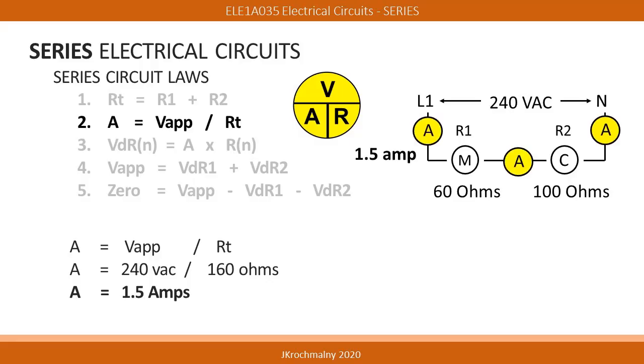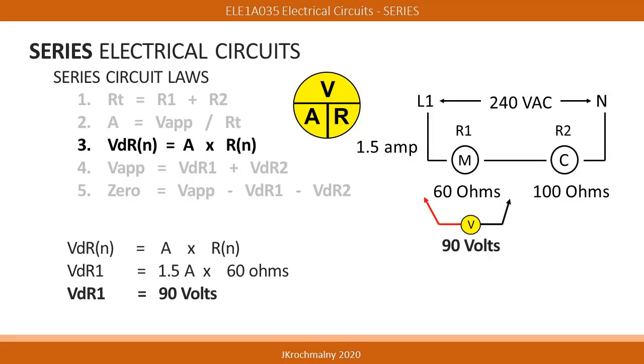If the amperage calculated is 1.5 in this series electrical circuit, this same amperage value is present anywhere in the circuit, between L1 and the R1 load, between the R1 load and the R2 load, and between the R2 load and the N terminal. In one of the formulas involving Ohm's law, we can determine voltage if the amperage is multiplied times resistance.